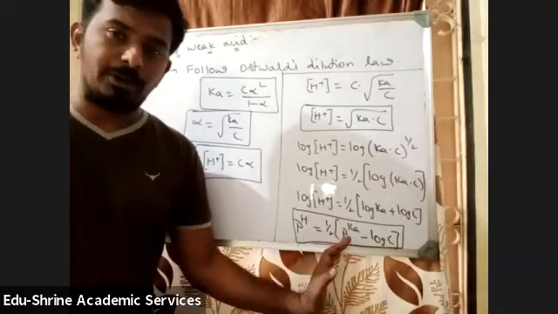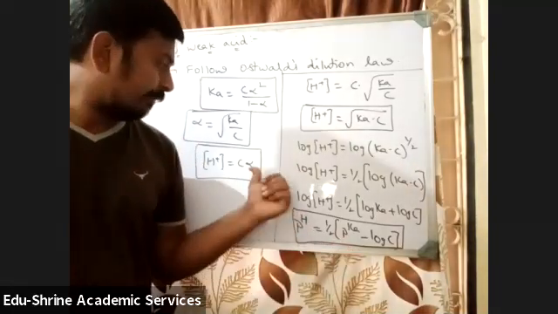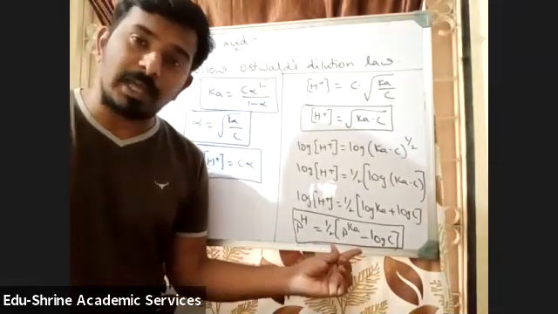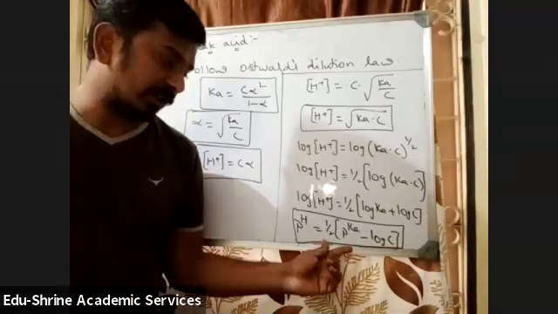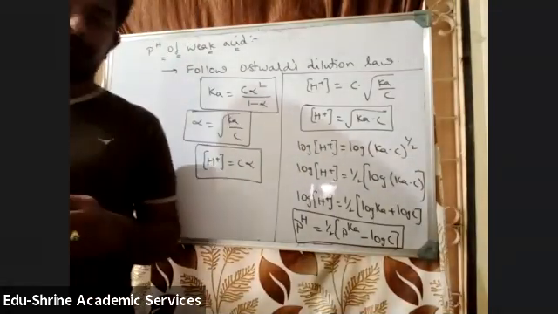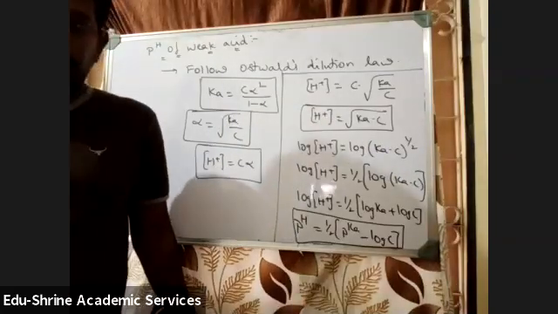Right? So no need to by heart the formula, students. If you know these formulas, we can write. But if they ask you to derive the pH formula for a weak acid, this will be the expression: half into pKa minus log C.